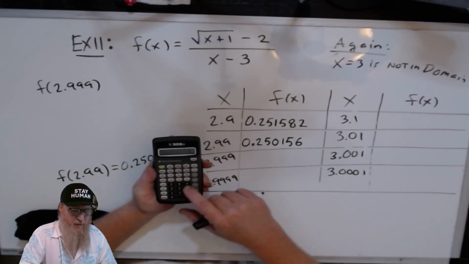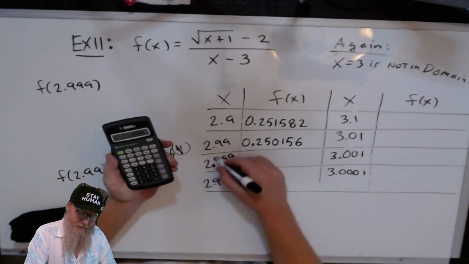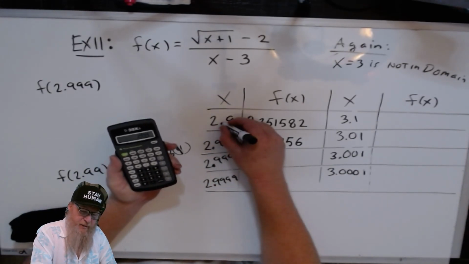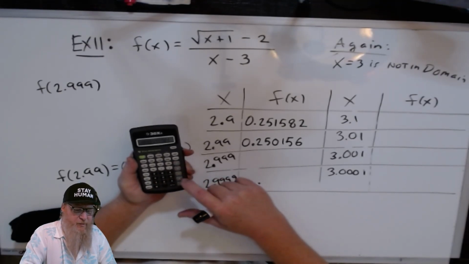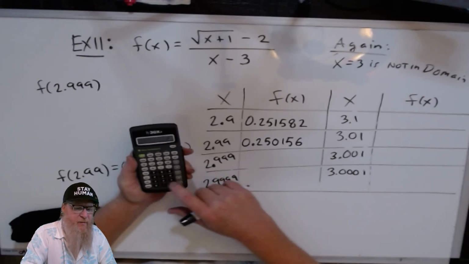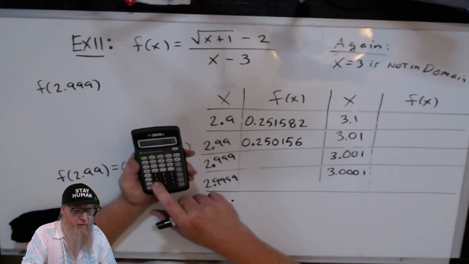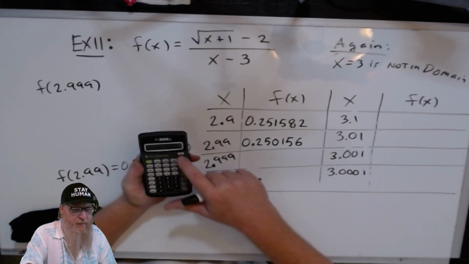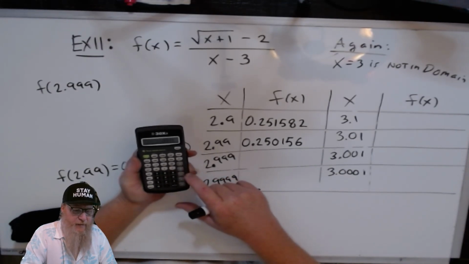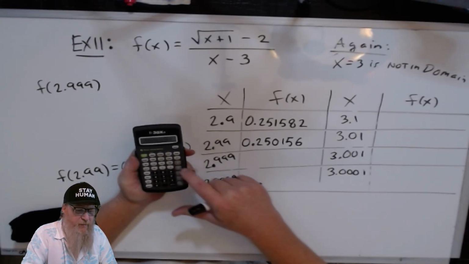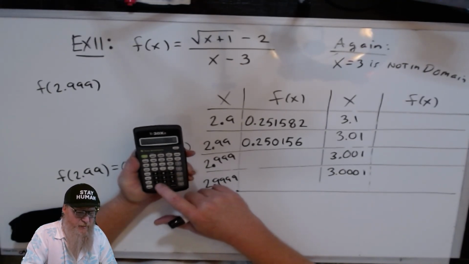So you get 2.999 plus 1, square root, minus 2, divided by negative 0.001.